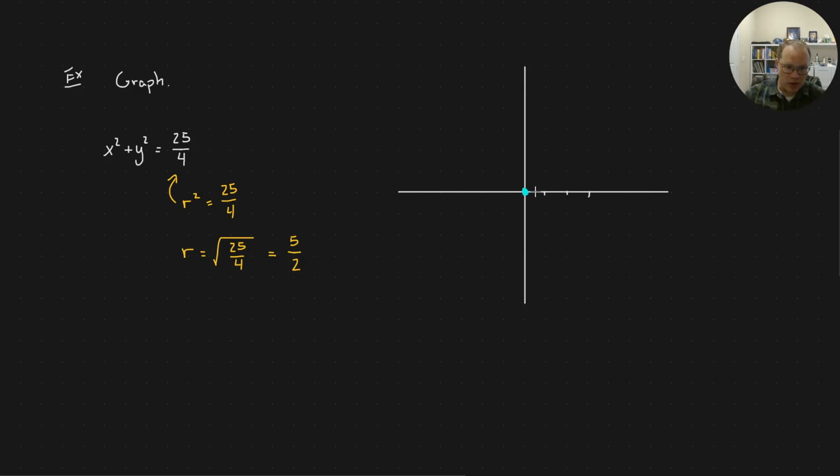So 5/2 would be, let's see, that's a half, 2/2, 3/2, 4/2, 5/2. Okay, so 5/2 is 2.5. If I go that distance in every direction, that gives me some points to base my circle on, and now all I have to do is connect the dots.